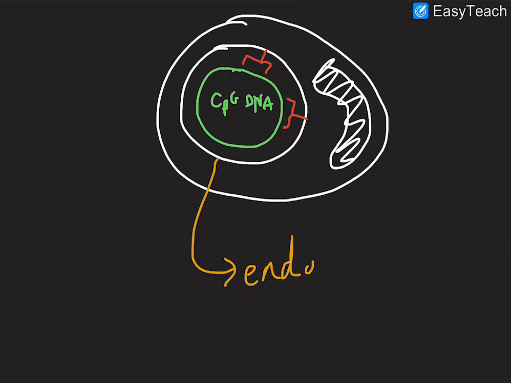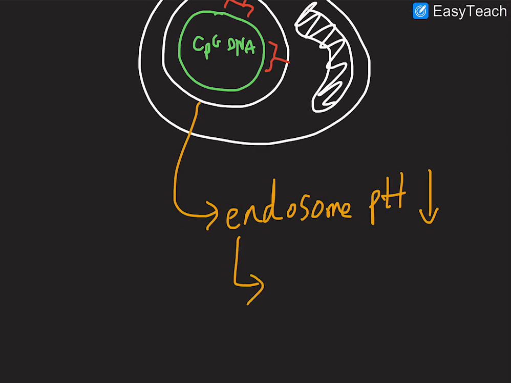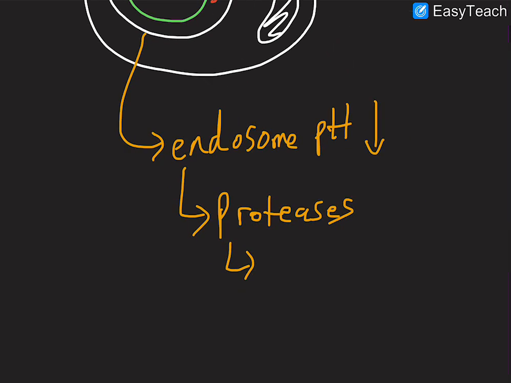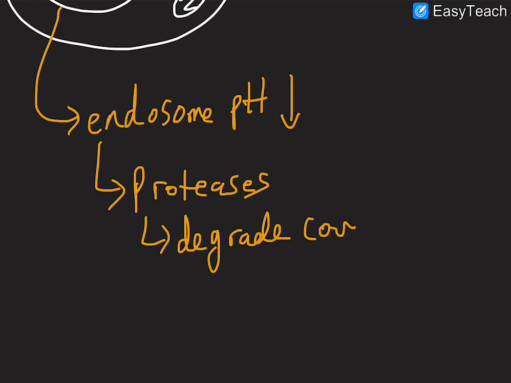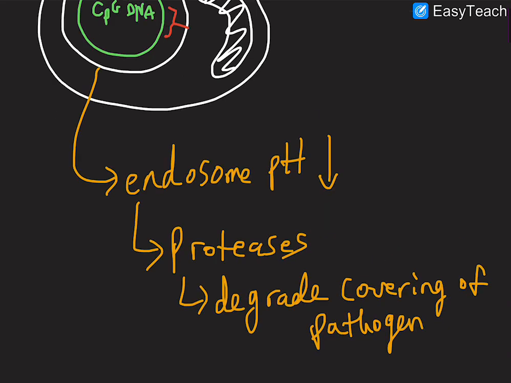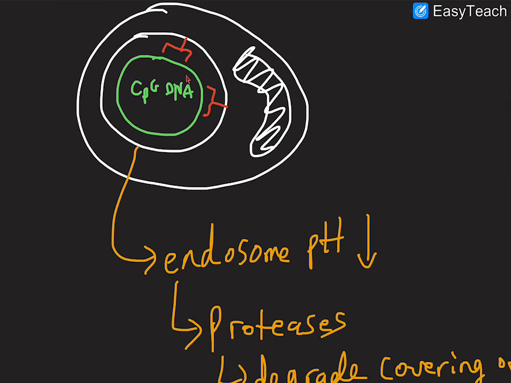When that happens, you activate certain enzymes like proteases, which can help degrade the covering of the pathogen, the capsid or envelope. Once you degrade the covering, the CpG DNA can get exposed to these Toll-like receptor 9 molecules, and we can activate them.